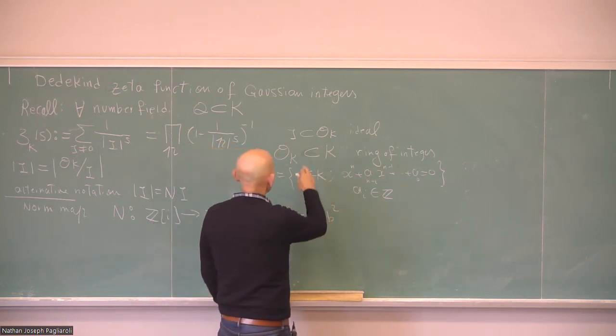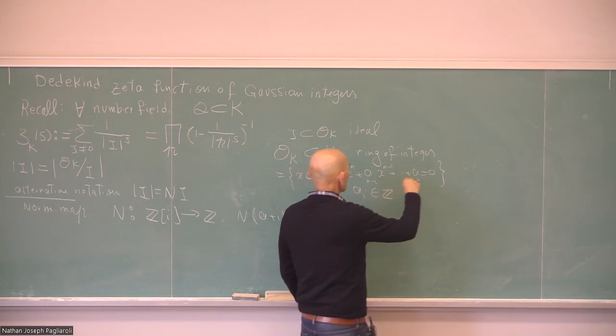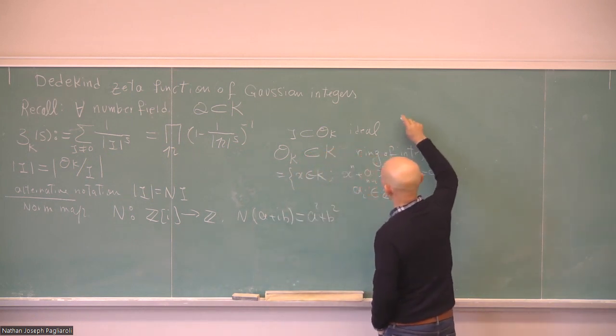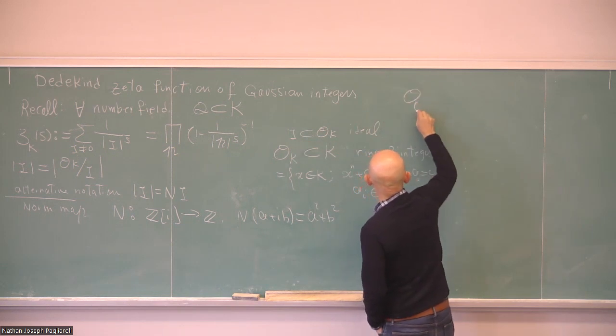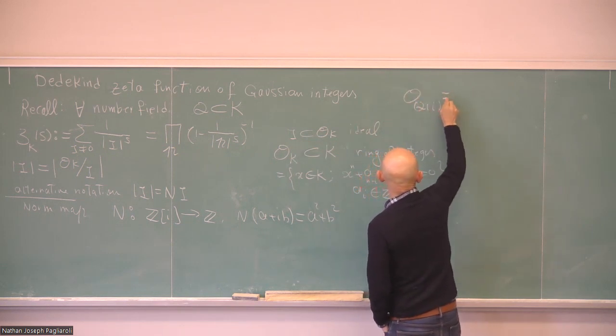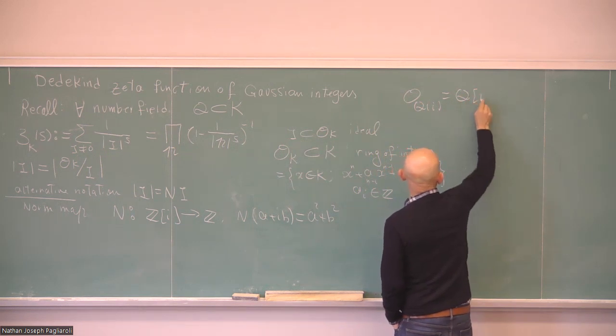Here you remember that I also said that the ring of integers O of the Gaussian numbers Q(i) is Z[i].